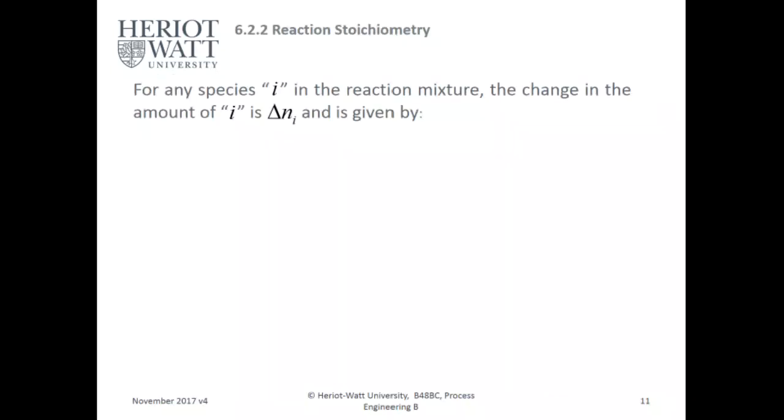For any species i in the reaction mixture, the change in amount of i is delta Ni, and it's given by delta Ni equals Vi epsilon. Remember what epsilon was: delta Ni over Vi.